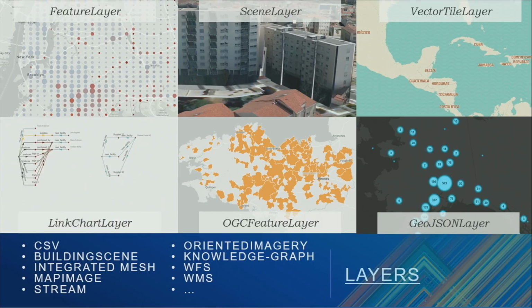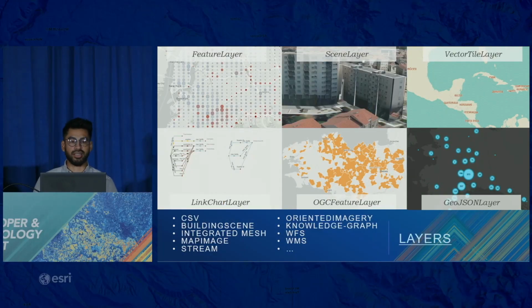Each data type has its corresponding layer associated with it that allows you to bring in that data into your maps and provide capabilities like configuring your pop-ups, configuring your symbology, preparing it for editing as well by configuring a form template. So the layer allows us to easily use the SDK to interact with your data set.